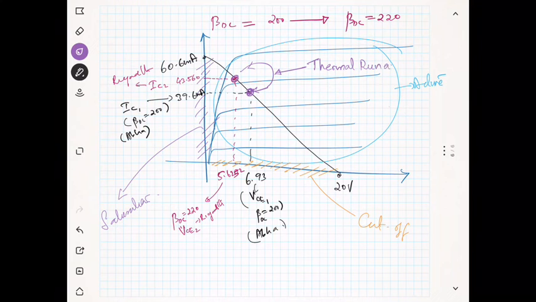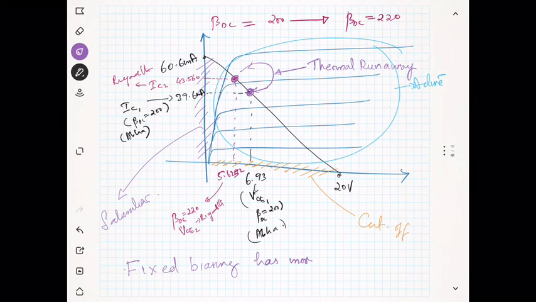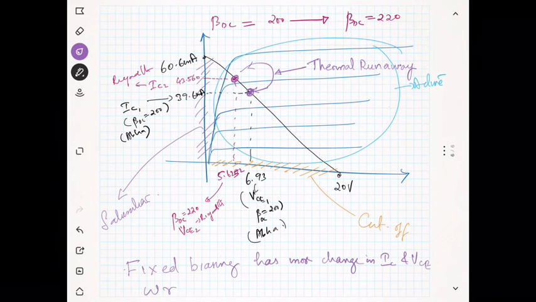Thermal runaway is more in the case of fixed bias. That means fixed biasing has more change in IC and VCE with respect to change in beta DC.